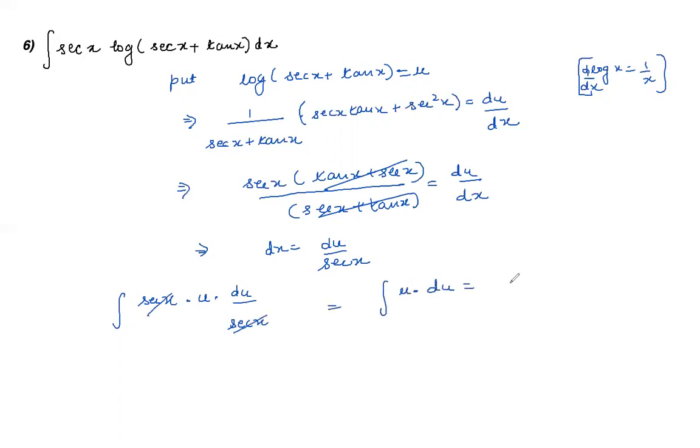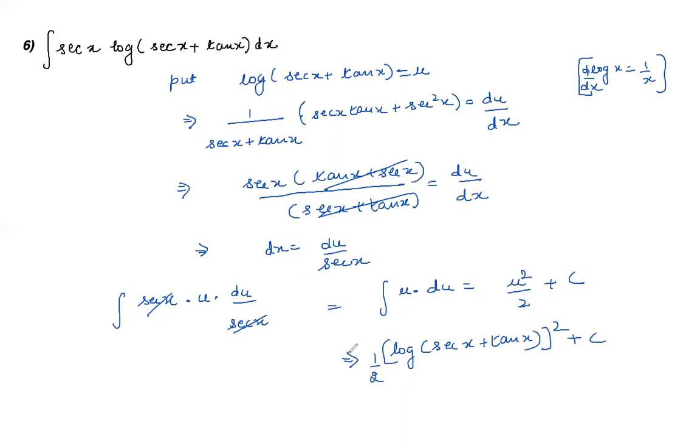That is equal to u square upon 2 plus c. Now what is u? u is basically log of sec x plus tan x, so the whole square of it, times 1 by 2, plus c. Fine. So this is the required answer for question number 6.